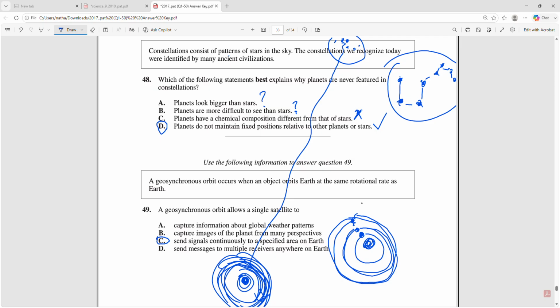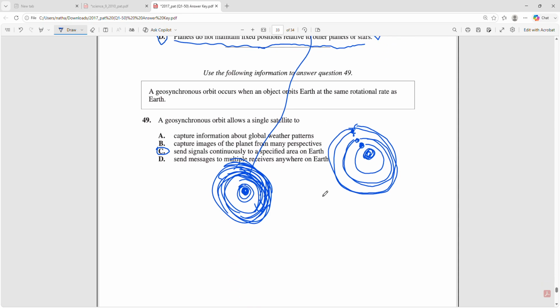And on top of that, they're so far away, any movement we just wouldn't even really see. But the planets are close to us in comparison, and so we see them zipping by through the night sky. So they're never going to be in the same position. So the answer is planets do not maintain fixed positions relative to other planets or stars. They're always kind of moving around. Okay.